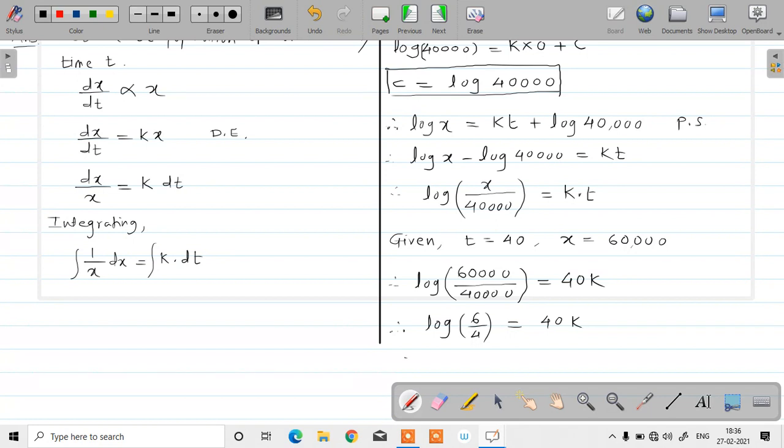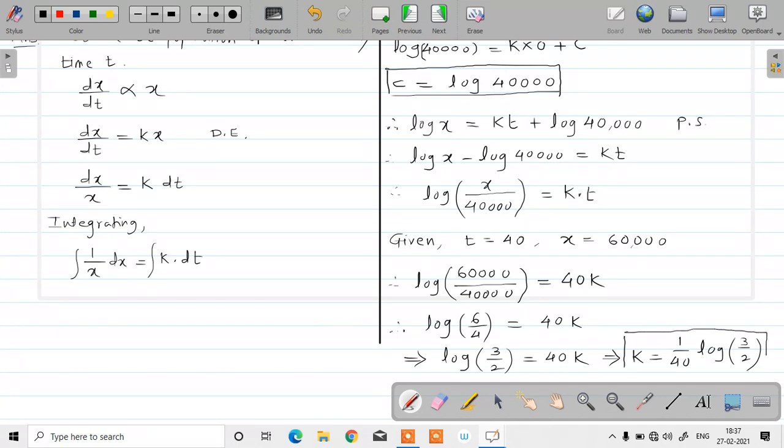That implies log of 6 by 4, which is 3 by 2, is equal to 40k. That implies the value of k is equal to 1 upon 40 into log of 3 by 2. So we get the value of k also.